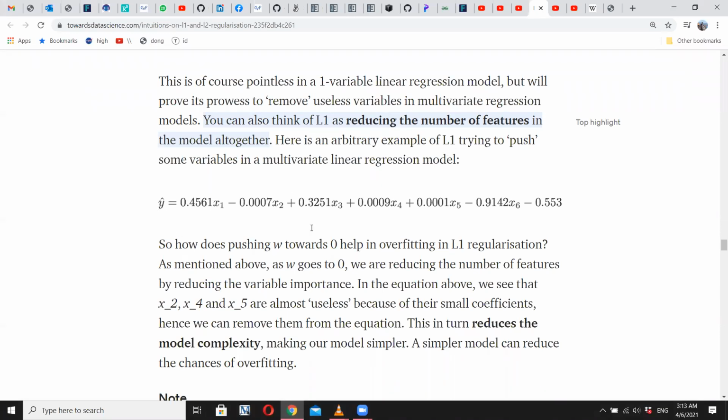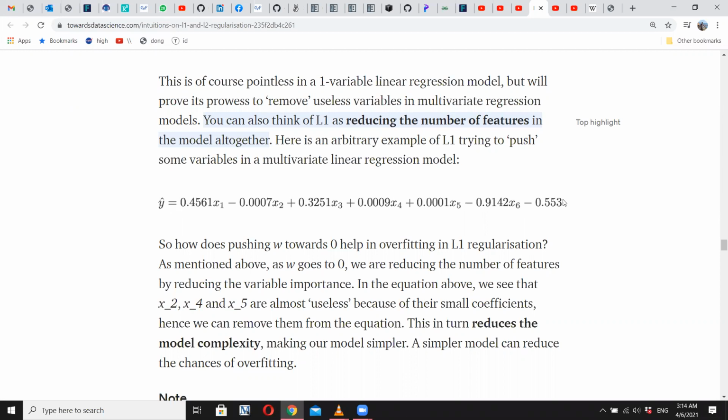Technically, you can also look at it over here. For example, if you have a variable y which is highly dependent upon x1, not dependent too much on x2, somewhat dependent on x3, not dependent at all on x4, and likewise not dependent on x5, and we have some intercept as well.